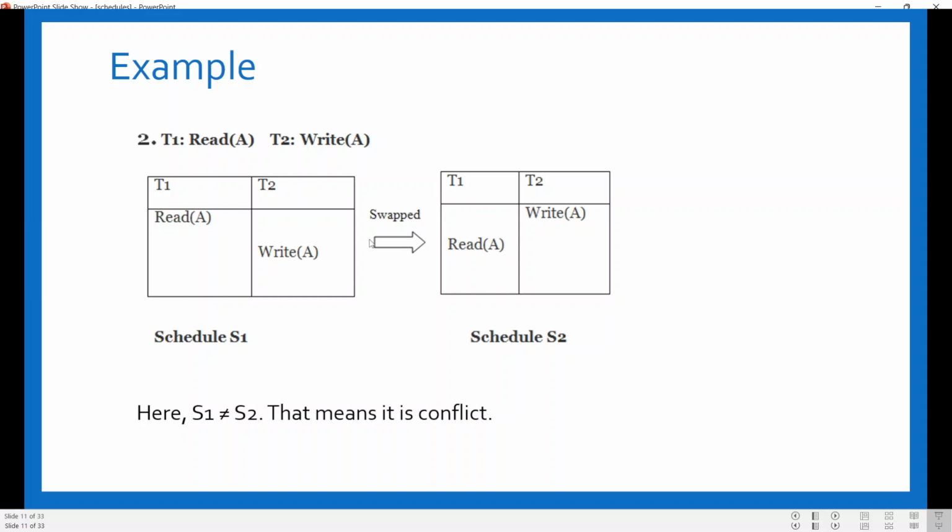So this is not the same, because the value will change: in S1 we read A in T1 and then write it in T2, but in S2 we write the value in T2 and then read. So the result of schedule S1 is not the same as the result of schedule S2. So S1 is not equal to S2. This means there is a conflict. We have already seen that a conflict happens if at least one write operation is performed on the same data item. So this is an example of a conflict situation.